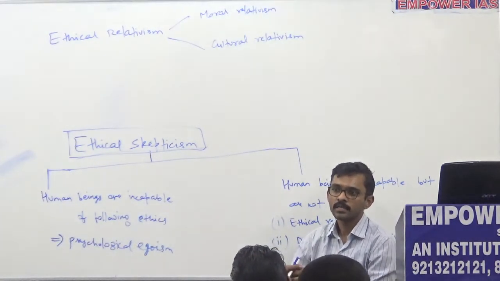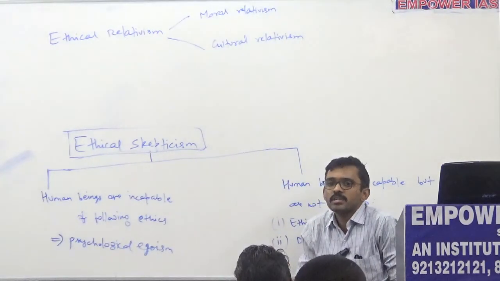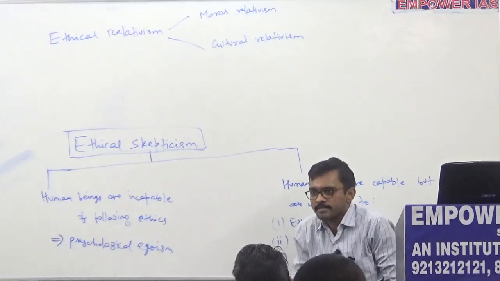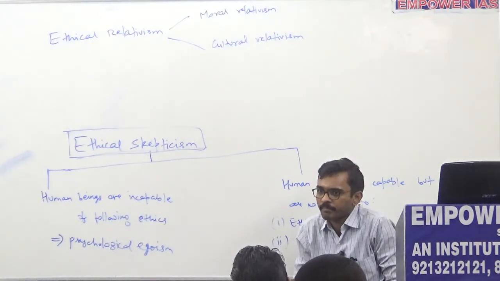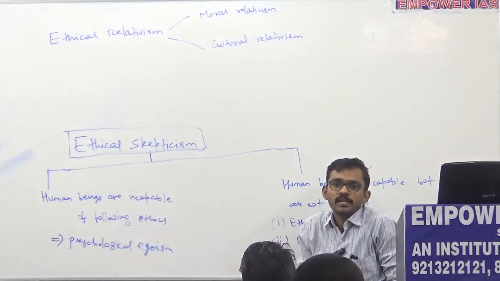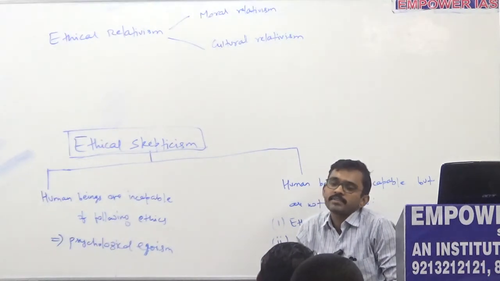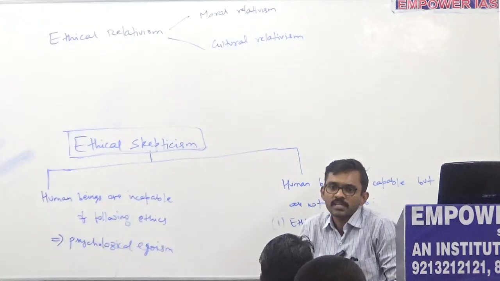Are you understanding? Similarly, we have the International Covenant on Civil and Political Rights. It's an international convention, an international treaty of the UN. It outlines civil and political rights which need to be given to people of different countries.